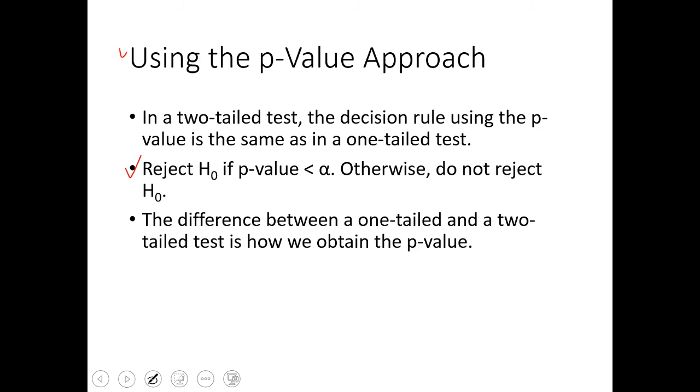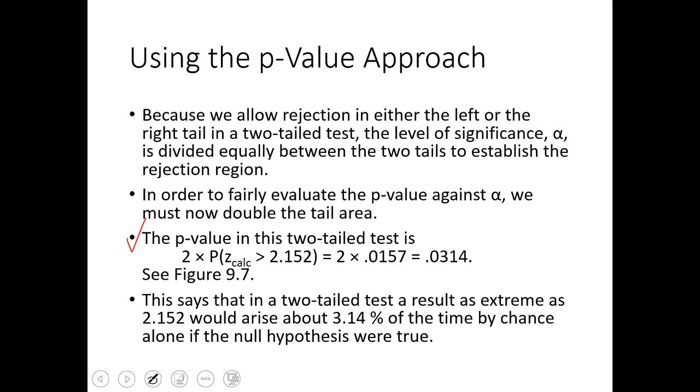So again, we can use the p-value approach. If the p-value is less than alpha, then we reject this null hypothesis. But in this case, we have a two-tailed test, not a one-tailed test, so calculating the p-value is different.